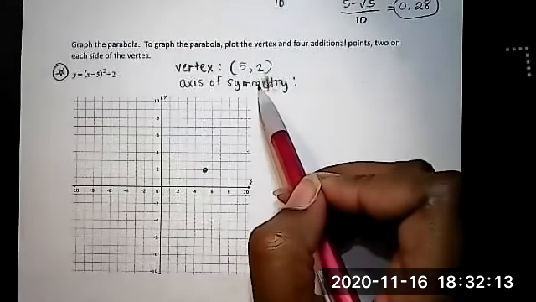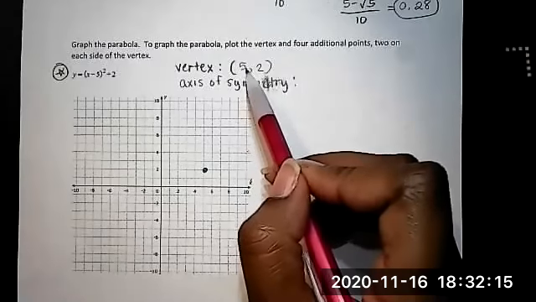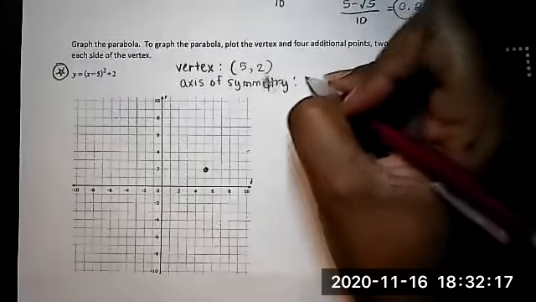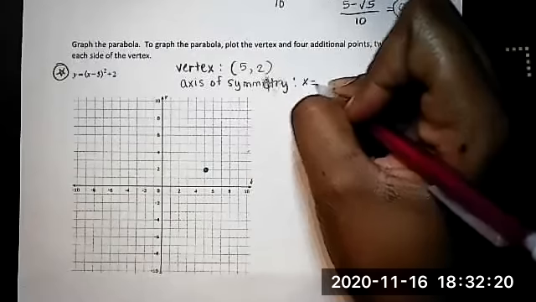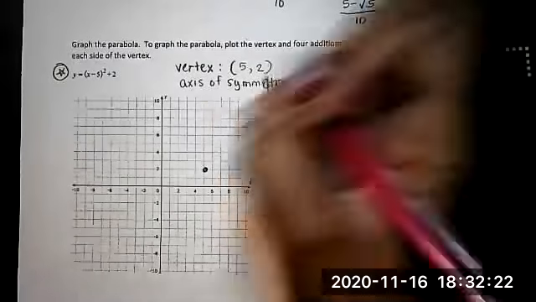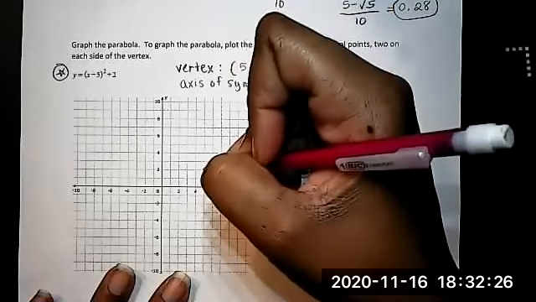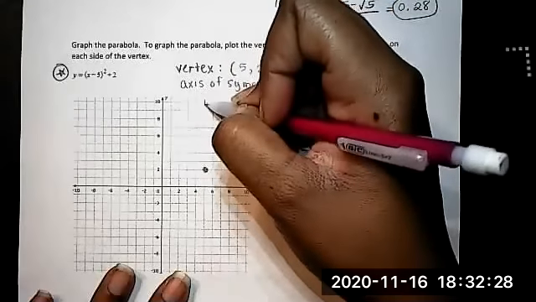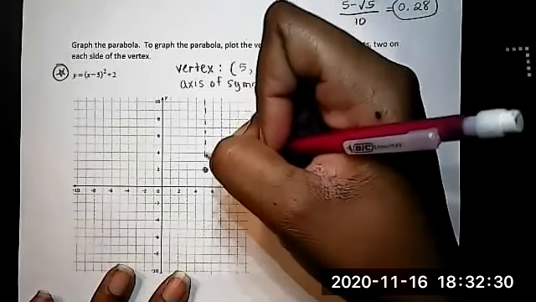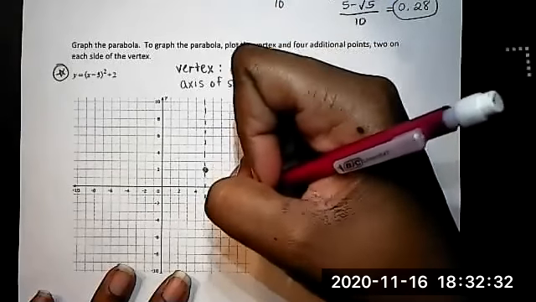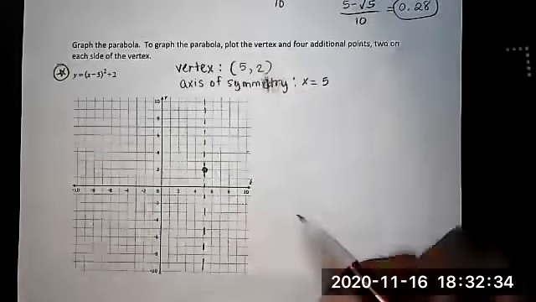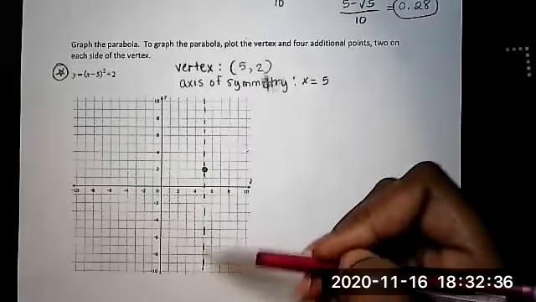All right, so your axis of symmetry for that particular one, whatever the x is here, is going to be x equals whatever this x value is, 5. This is always going to be your axis of symmetry, straight down the vertex. It's going to be a vertical line through your vertex. That is your axis of symmetry.